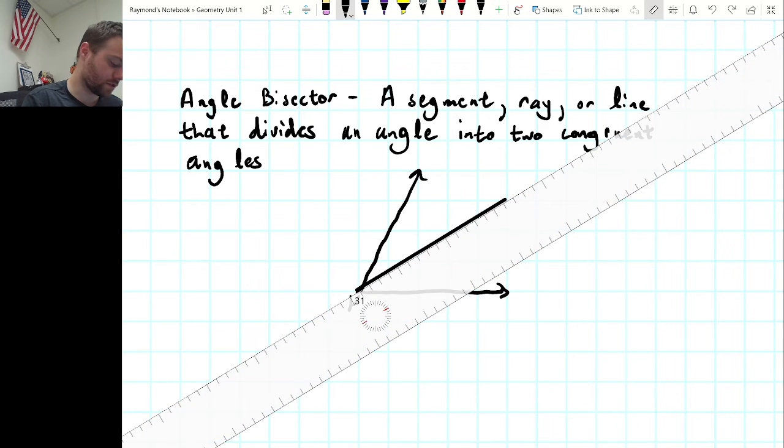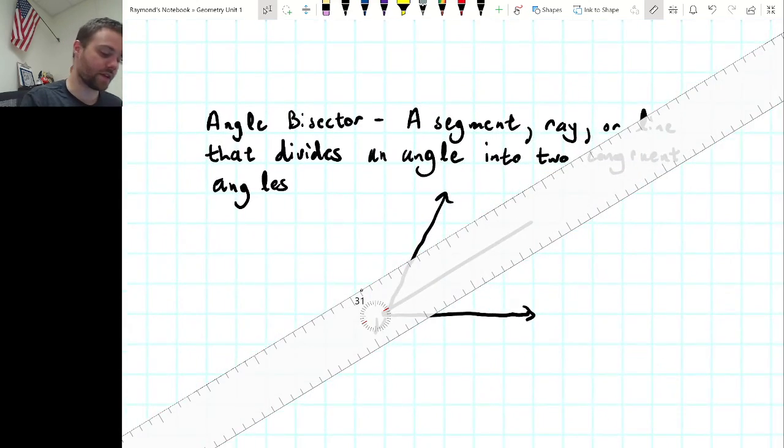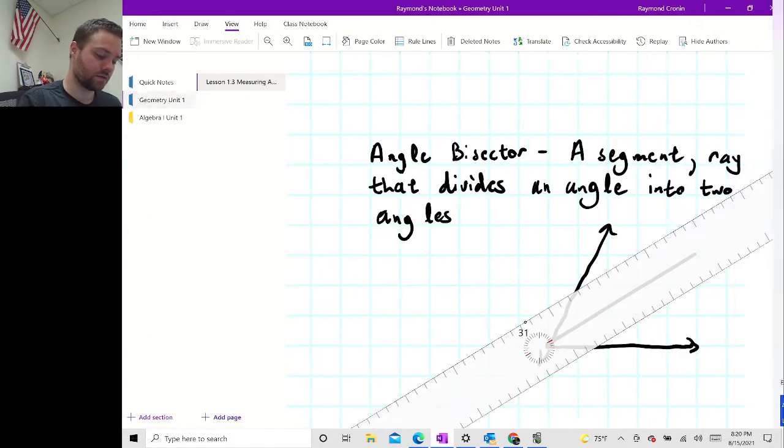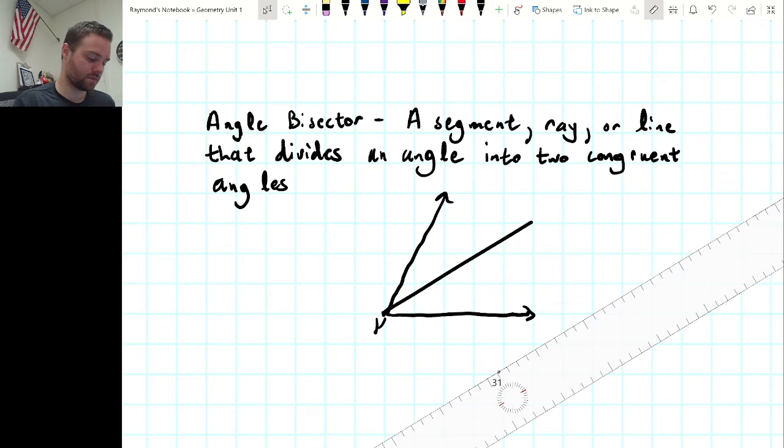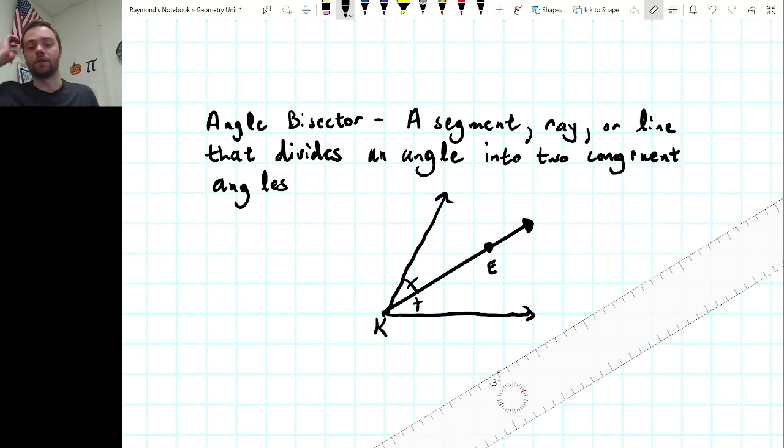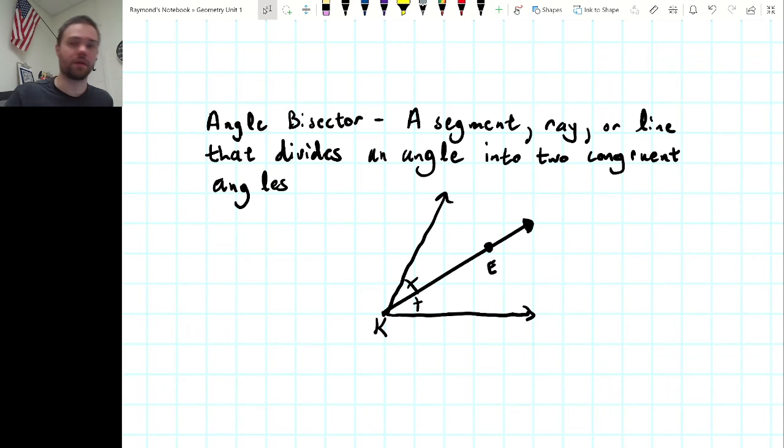That'll just about do the job, and it splits that angle into two different pieces. So what I'm saying is once we bisect an angle, that part is going to be congruent to that part, okay? Angle bisectors, and it said it was KE, so that's important, and it's a ray. It splits the angle into two equal or congruent pieces. Okay.